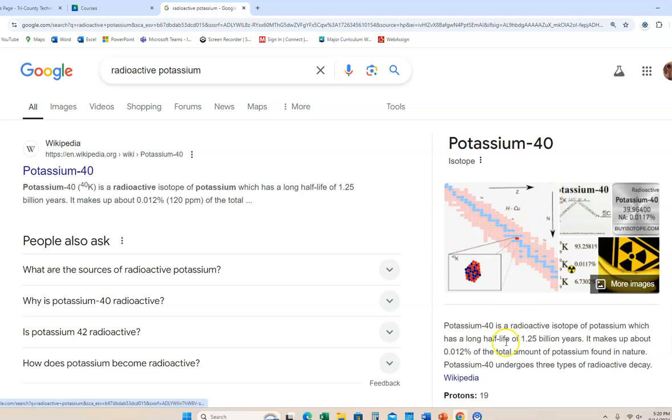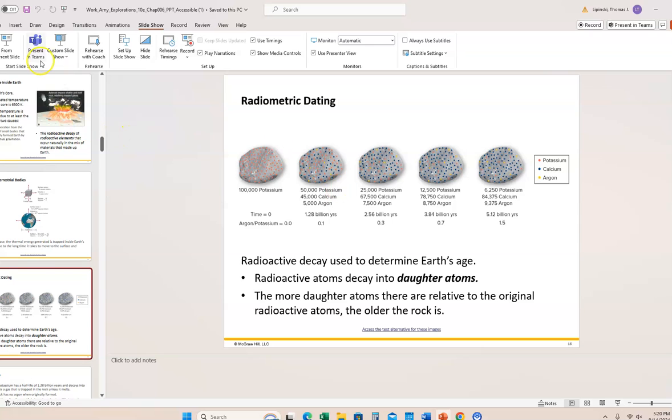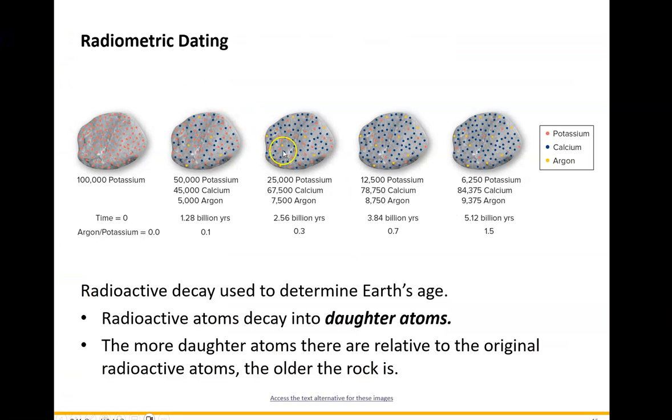Potassium-40 has a half-life of 1.25 billion years. That's a well-known half-life. You don't have to wait 1.25 billion years to measure it. It's relatively easy to measure. We can measure the half-lives of different things.